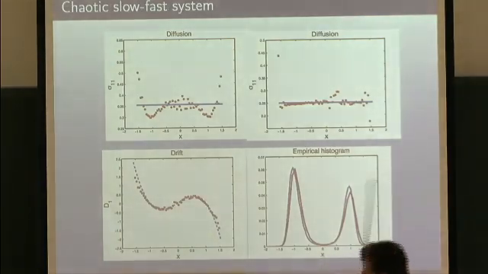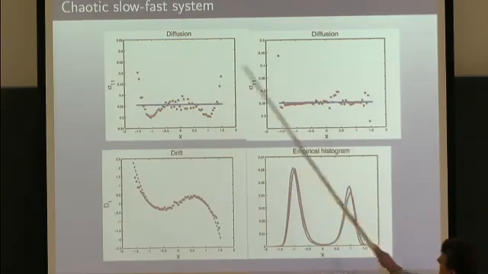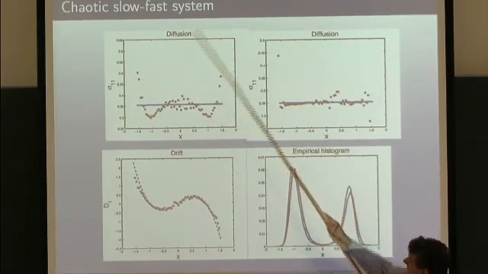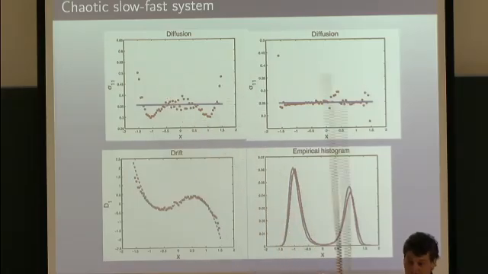So when you do that, you can estimate the drift and the diffusion, and the difference between those two pictures where I'm trying to measure the diffusion is I've used different delta t's for the sampling.